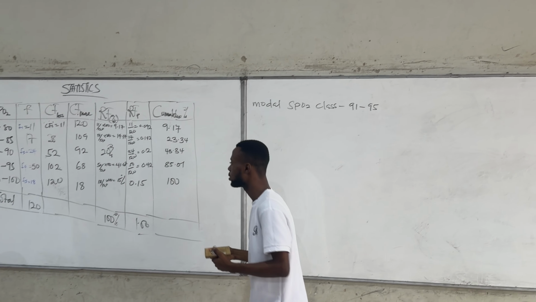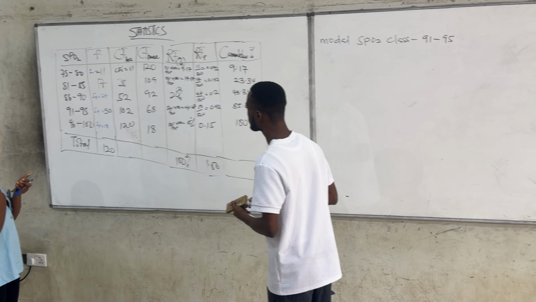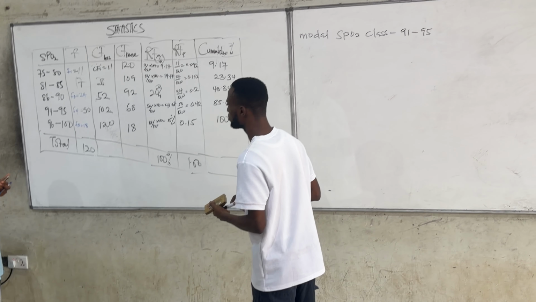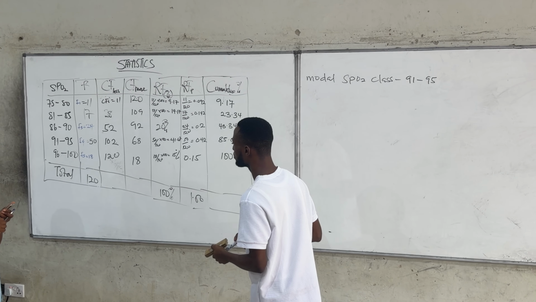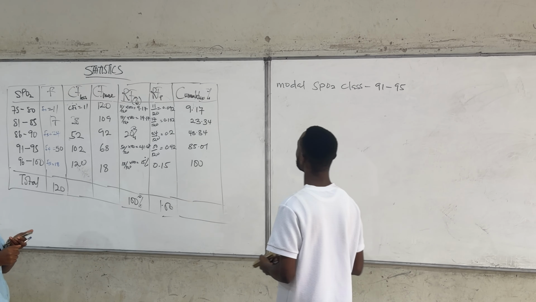The next question says, calculate the modal SPO2 using the grouped data mode formula. Okay.